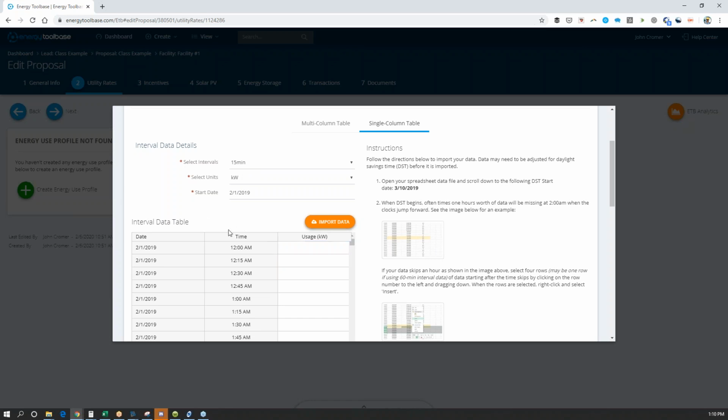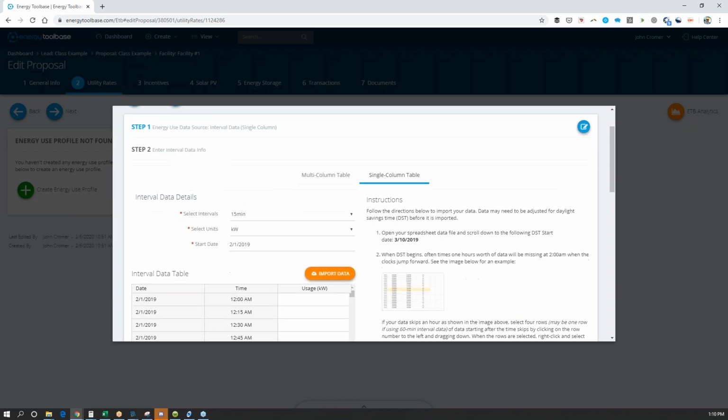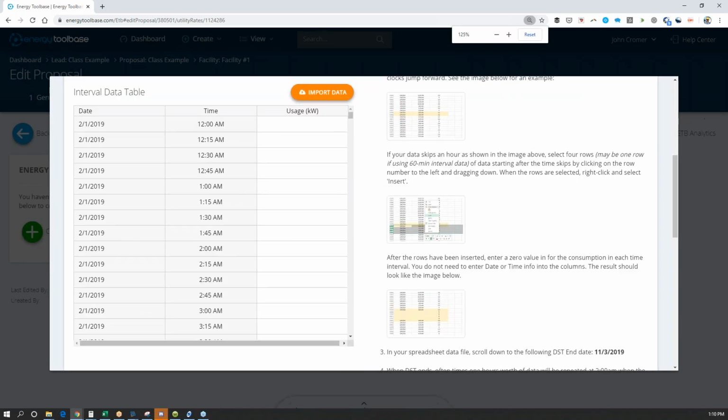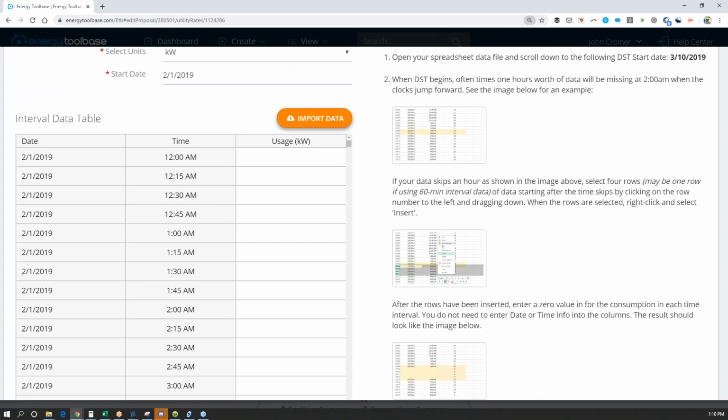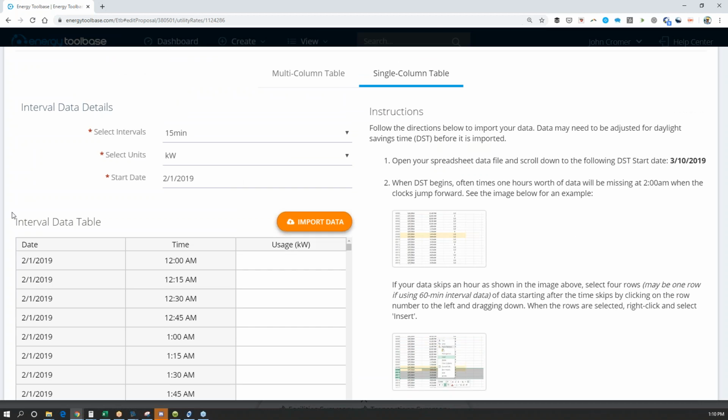So we're going to do this from scratch. I'm not going to try and give you too much software training, but this is a process that is pretty standardized, whether or not you're doing it within a commercial software or not.